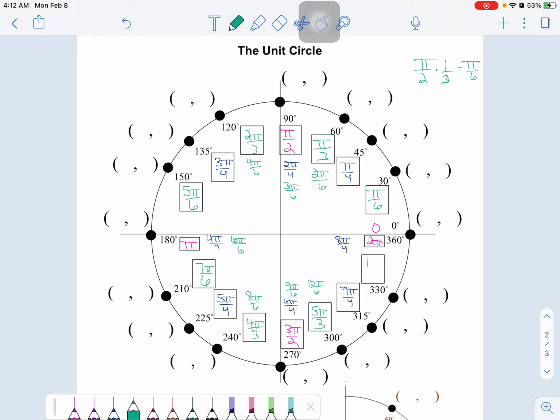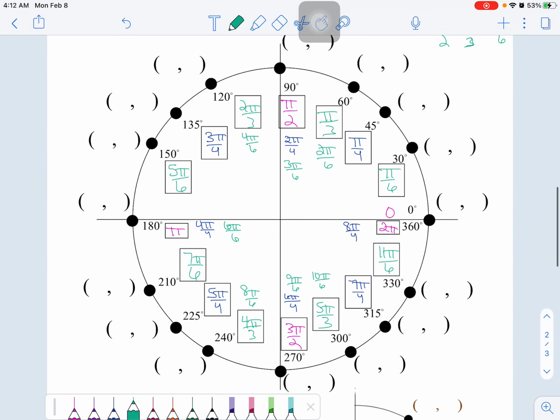So how about 5 pi over 3? And last but not least would be 11 pi over 6. So those are the radian measures associated with the unit circle.